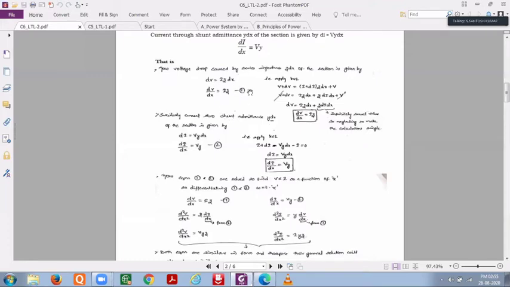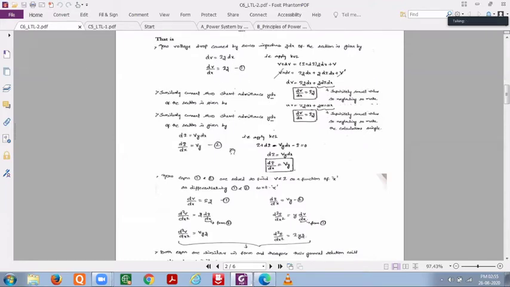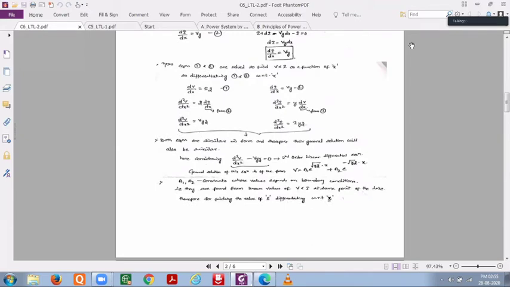So when I differentiate with respect to x, I'll get these equations. Just for your better understanding, I have repeated the equations here. I differentiate this, I'll get d square v by dx square, which is equal to z into di by dx. Similarly, the other equation, d square I by dx square, which is equal to y into dv by dx.